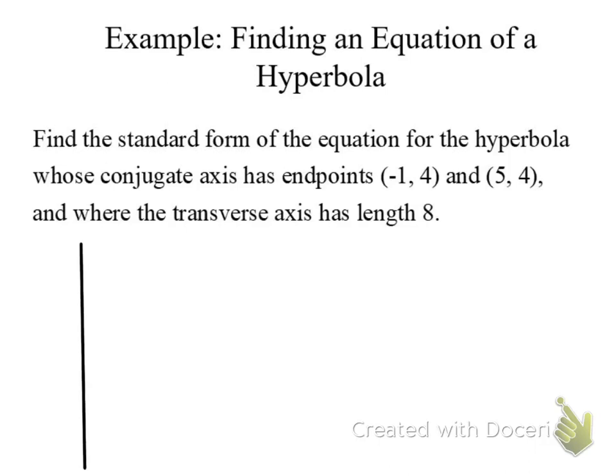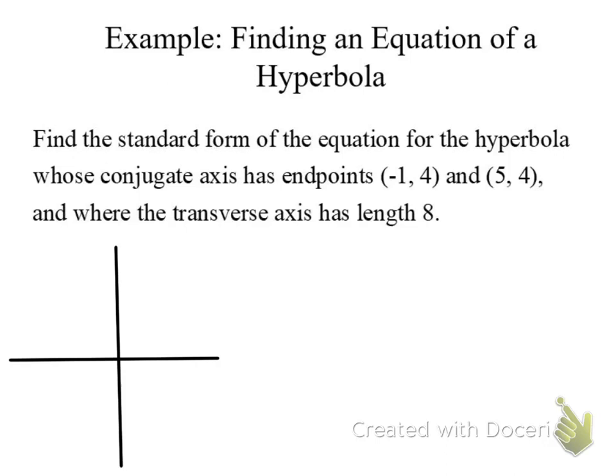So I'm going to put my points on here. I'm at negative 1, 4, and I'm also at 5, 4. Okay, so this is my semi-conjugate axis.